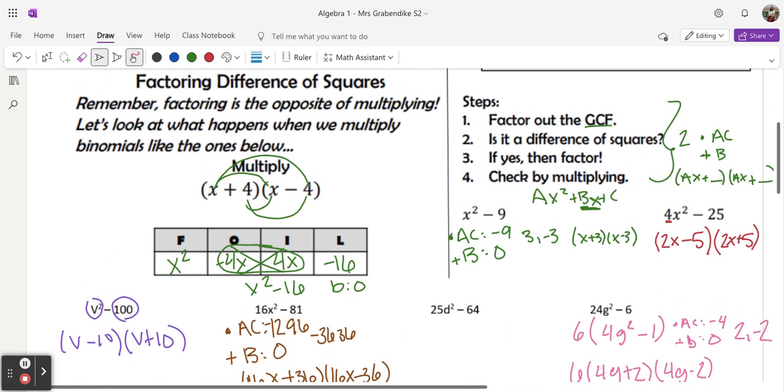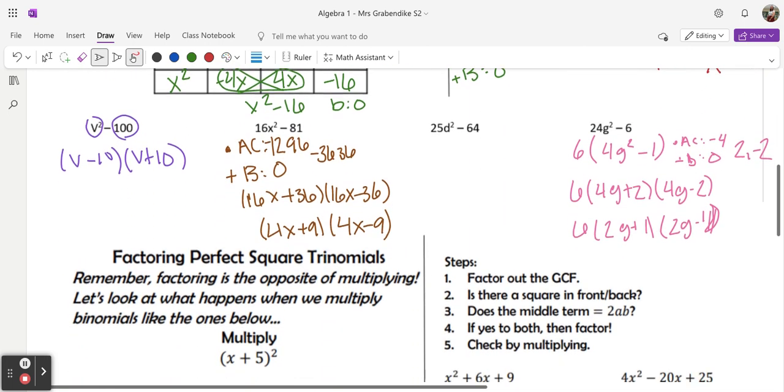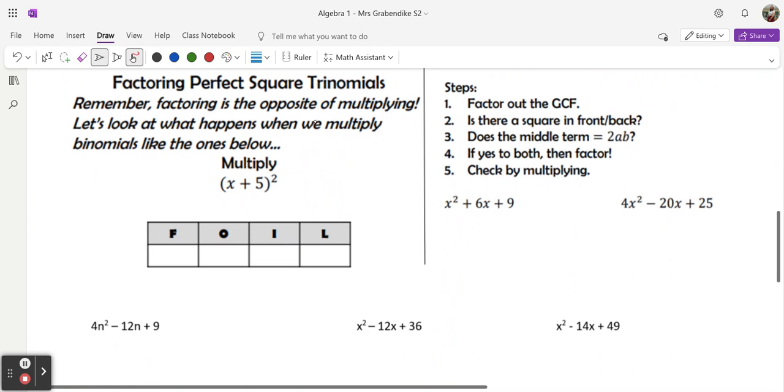So that is factoring a difference of squares. And then we have one more, and it's a perfect square trinomial. So that means I have (x plus 5) squared, so you're going to get the same thing twice.